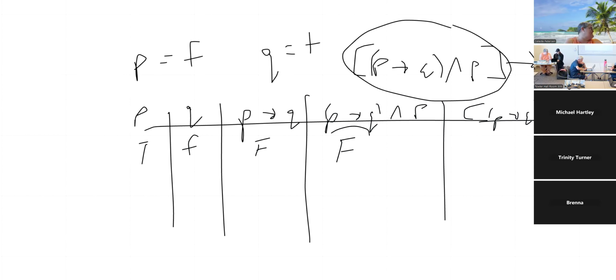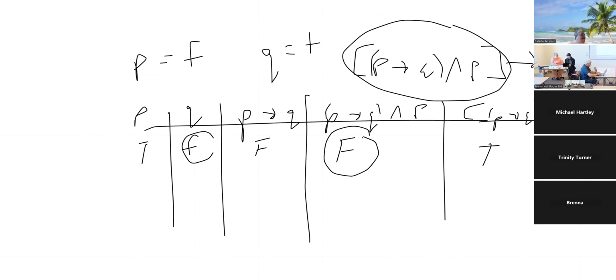If this is false, this is automatically true. If the first thing before the arrow is false, I'm going to make the full statement true. Because if I win the lottery, I'll give you $1 million.